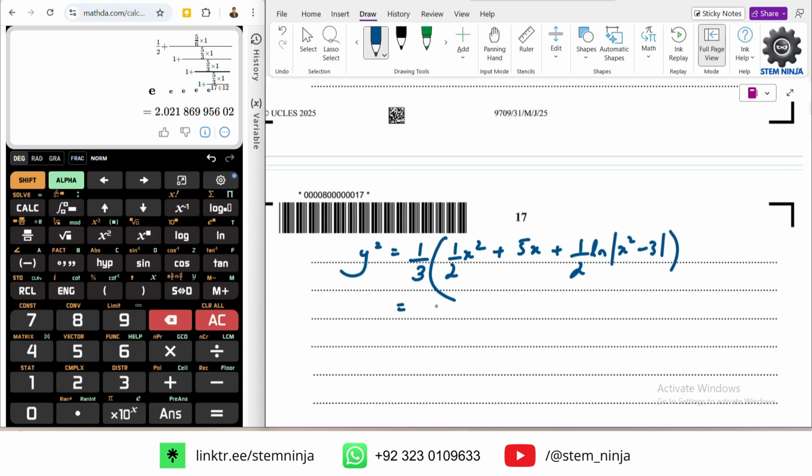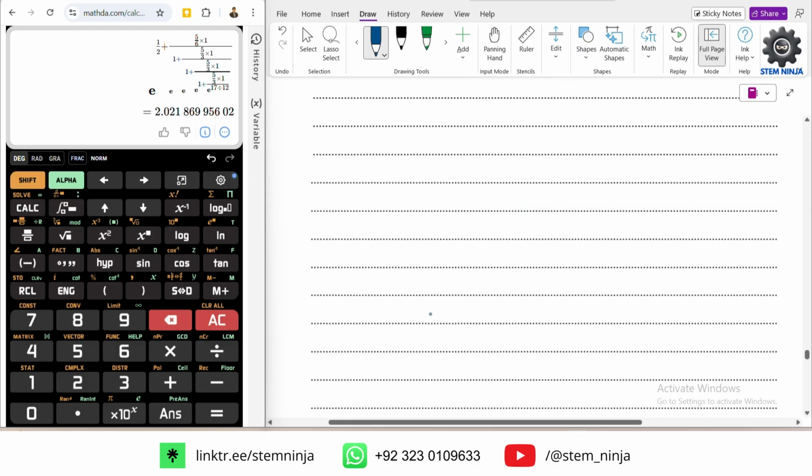And you can multiply the 3 inside, so you have 1 over 6 x squared plus 5 over 3 x plus 1 over 6, and then ln of x squared minus 3, that is y squared. Okay.